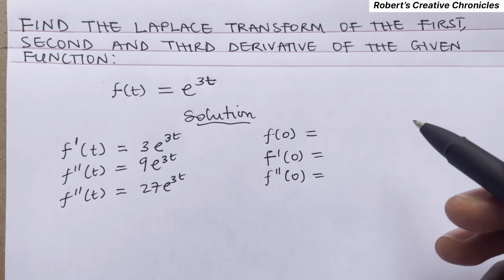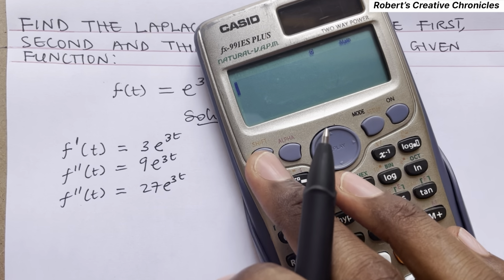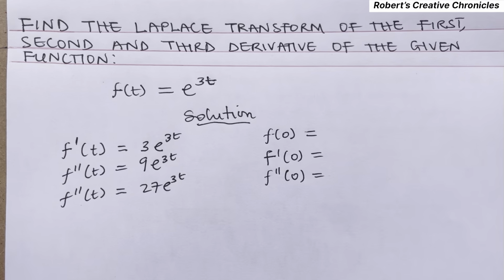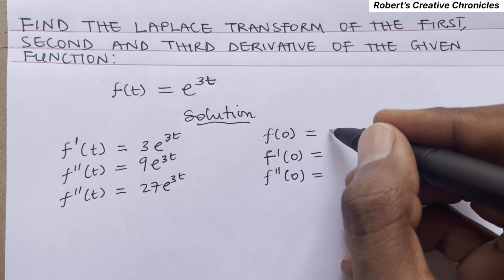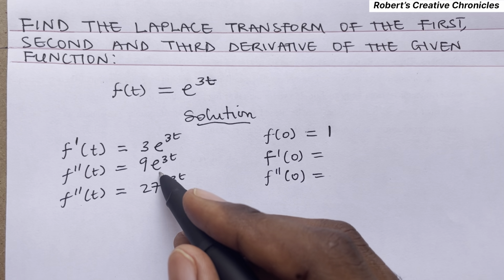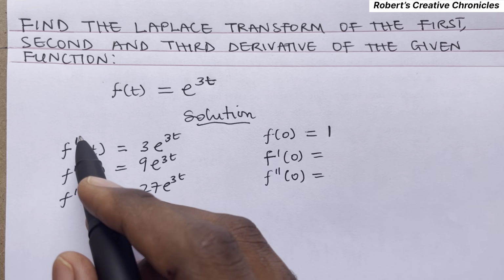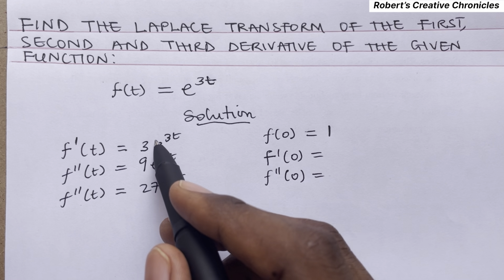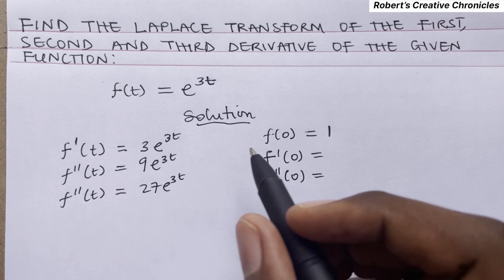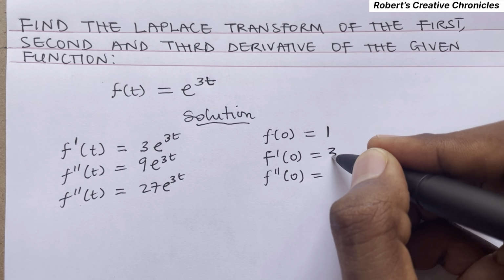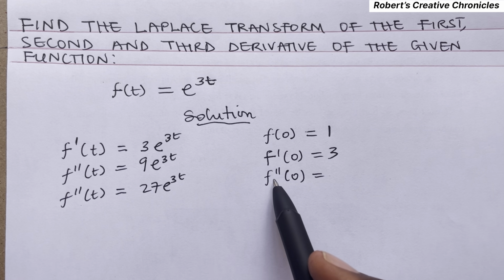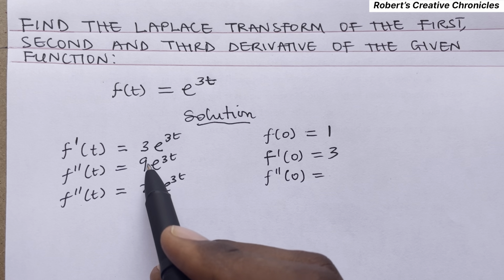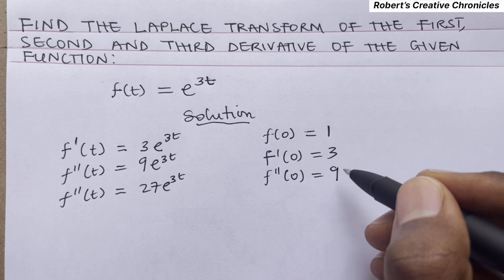It is 1. So this is 1. Then f'(0), we substitute 0 here, is 1, so 1 times 3 is 3. Then here also we substitute 0, so it's e^0, which is 1, so it's 9.